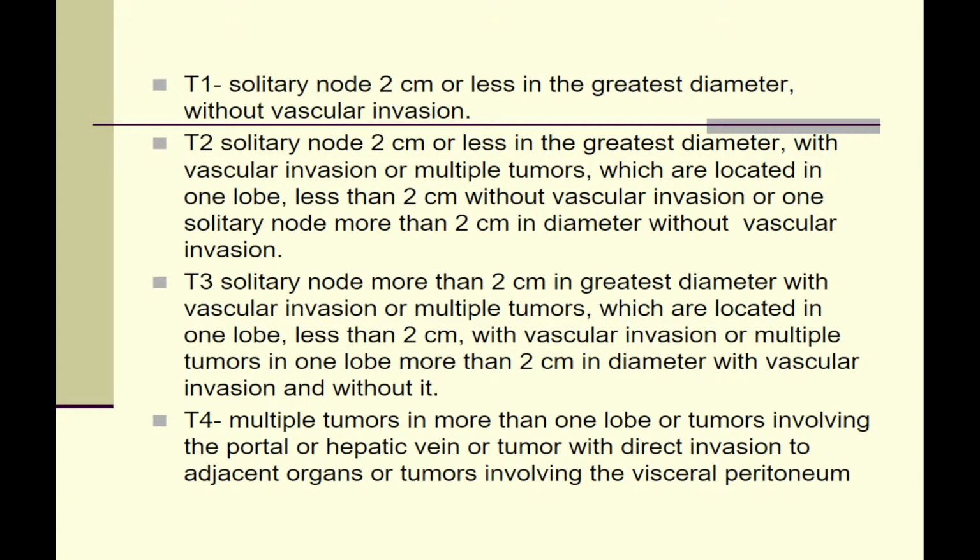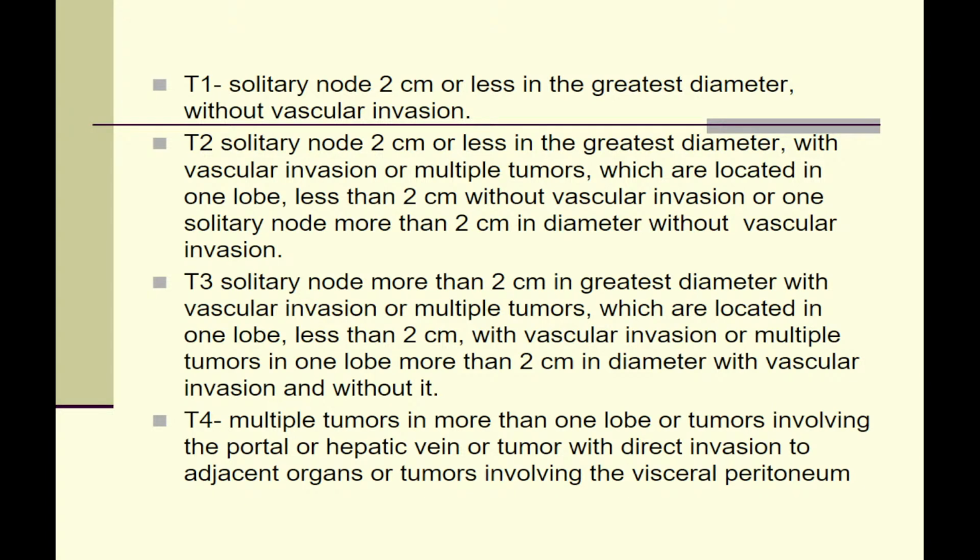T3: solitary node more than 2 centimeters in greatest diameter with vascular invasion, or multiple tumors located in one lobe less than 2 centimeters with vascular invasion, or multiple tumors in one lobe more than 2 centimeters in diameter with vascular invasion and without it.